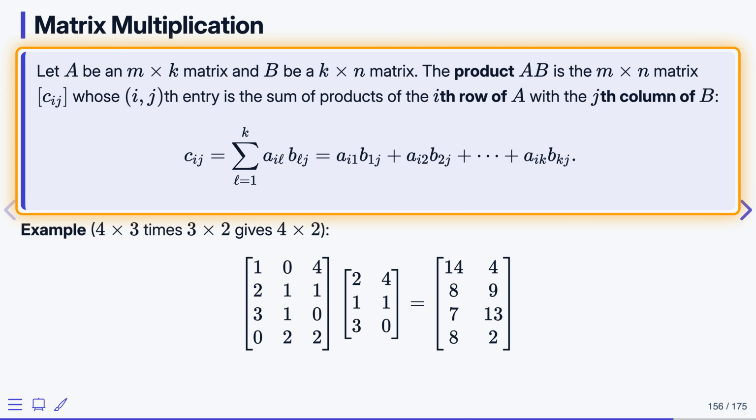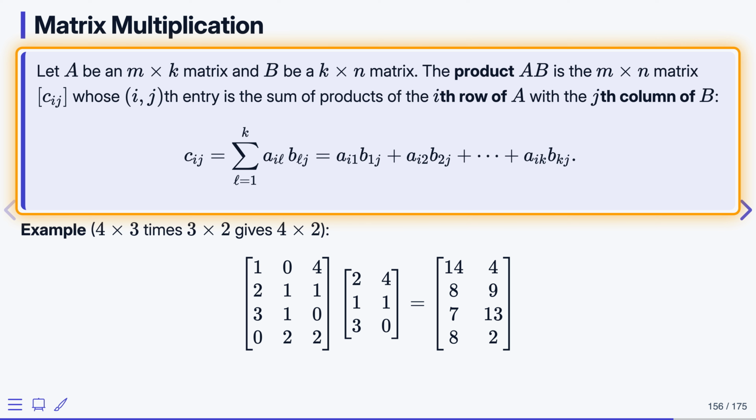Matrix multiplication is more involved, so go slowly. To multiply A by B, the inner sizes must match. A is m by k, and B must be k by n. The result is m by n. Each entry of the product is not one product but a sum of products.